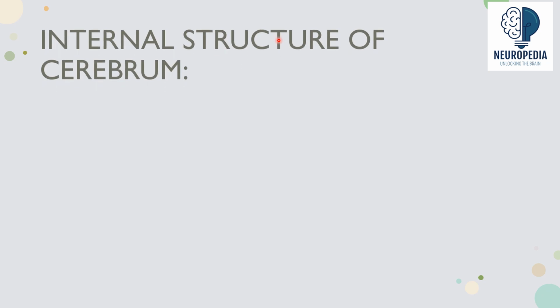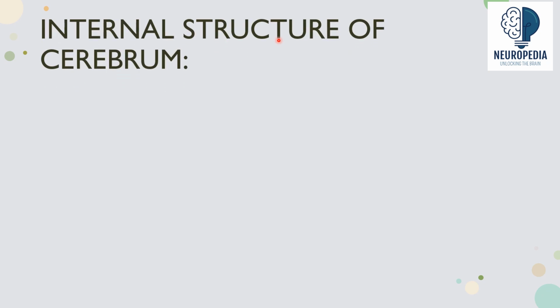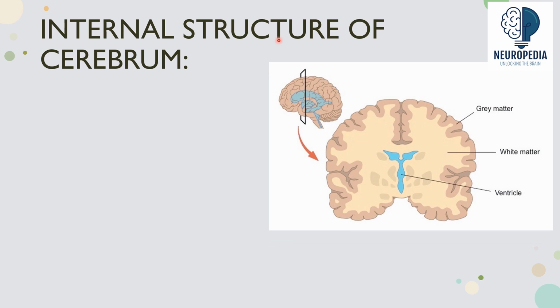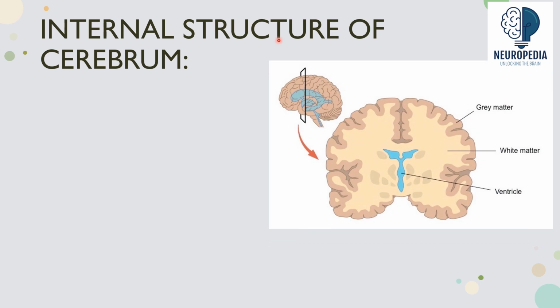Now let's talk about the internal structure of the cerebrum. The cerebrum has deep internal tissues which are of two types, namely the gray matter and white matter. As you can see in the figure, the gray matter is in the outer cortex and forms the surface of the cerebral hemisphere, while the white matter is the inner myelinated fibers of the cerebral hemisphere.